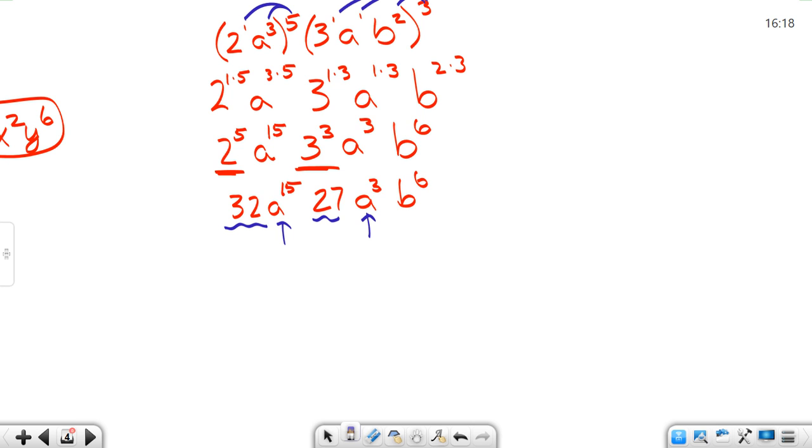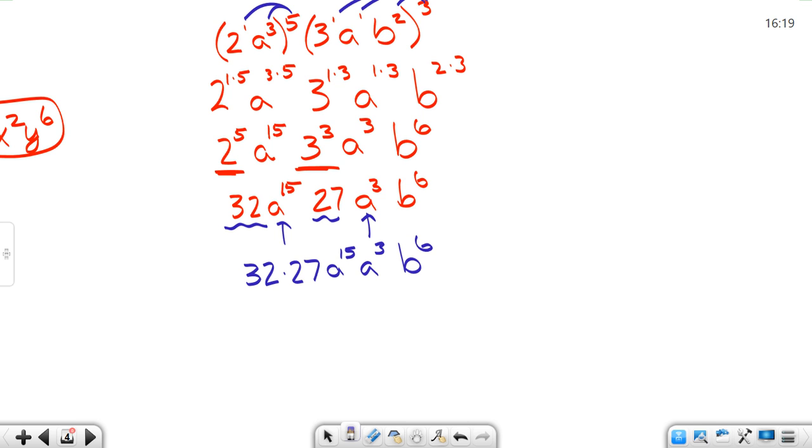So I'm going to do a little bit of commutative property here. I'm going to rearrange my variables and my coefficients. Because believe it or not, guys, this whole thing here is one term. How do we know that? Because there's no addition or subtraction going on here. So I've got 32 times 27, a to the 15th, a to the 3rd, b to the 6th.